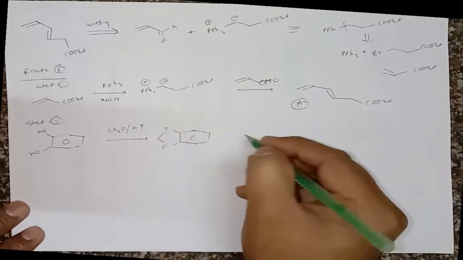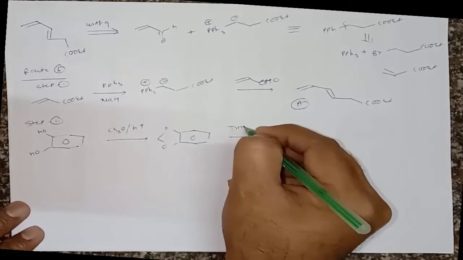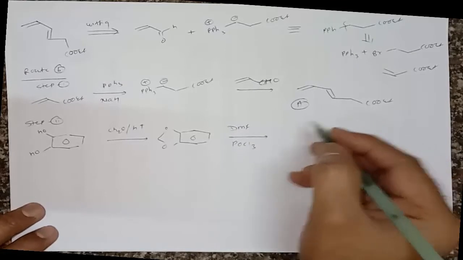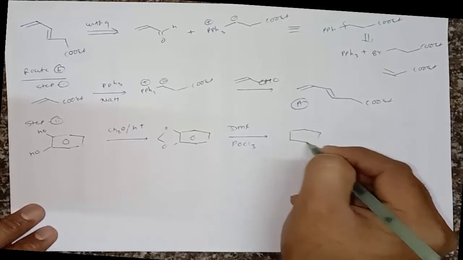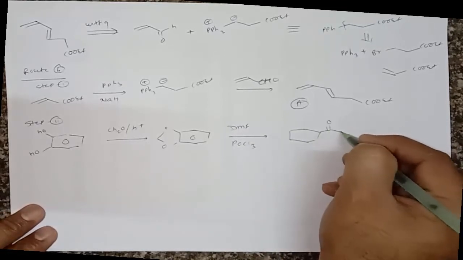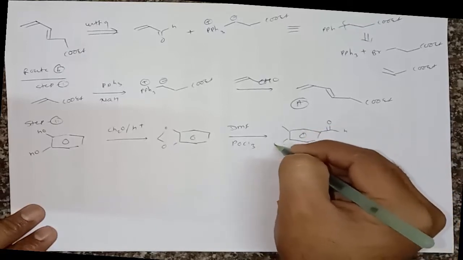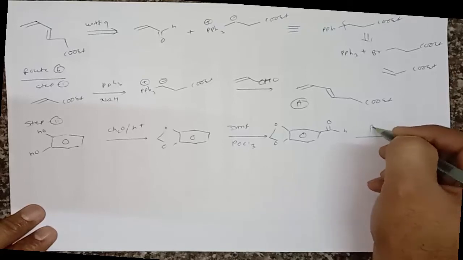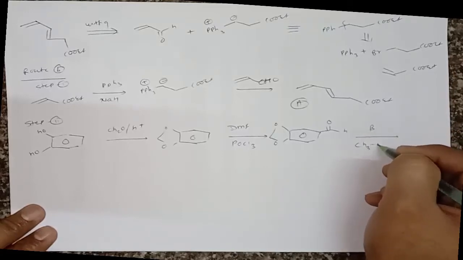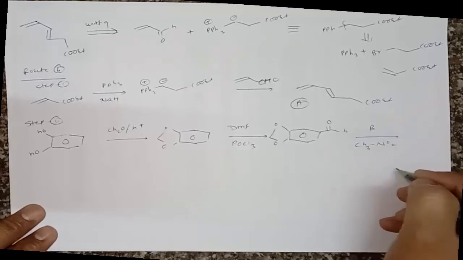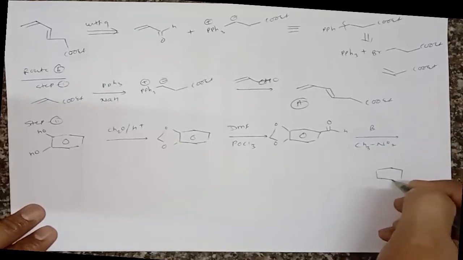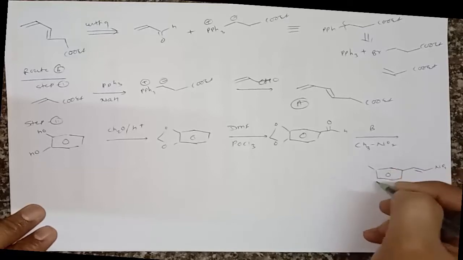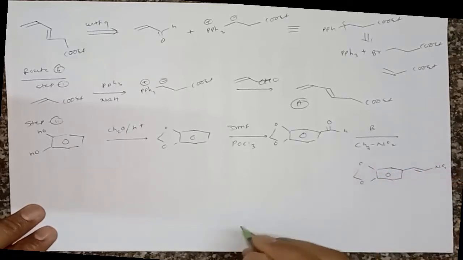Then we can treat this molecule with DMF POCl3, and after treating with DMF POCl3 it gives a formyl compound, or we can say this aldehydic position, and the remaining functionality will be the same. Now we can treat this molecule with base in presence of nitromethane, and it gives formation of a trans nitro compound here in this way, and then the remaining compound will be the same, right?